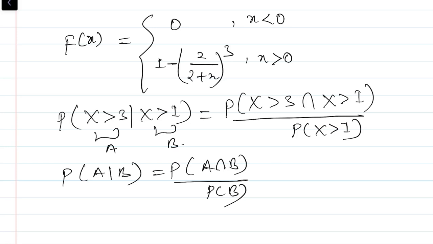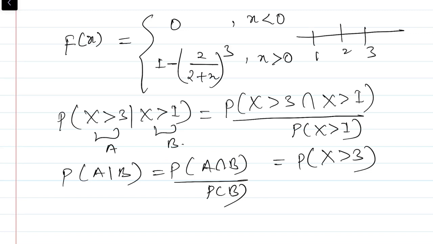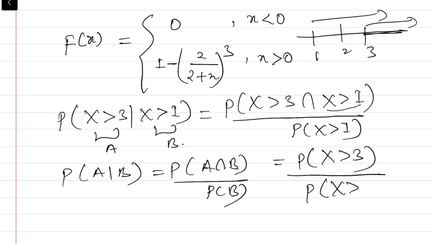This is simply x greater than 3. If you draw a number line, this is 1, 2, 3, so this is x greater than 1 and then x greater than 3. The common area will be greater than 3, and then in the denominator you have x greater than 1.